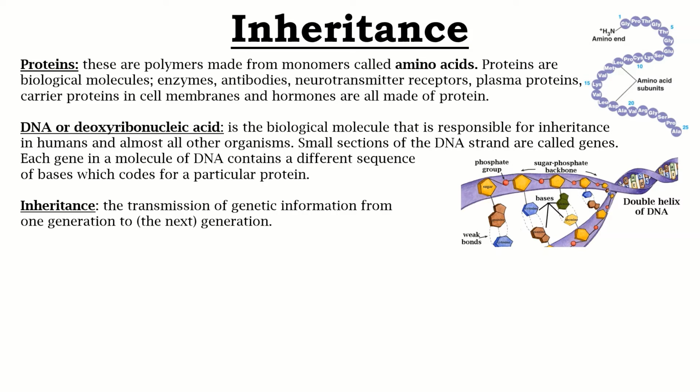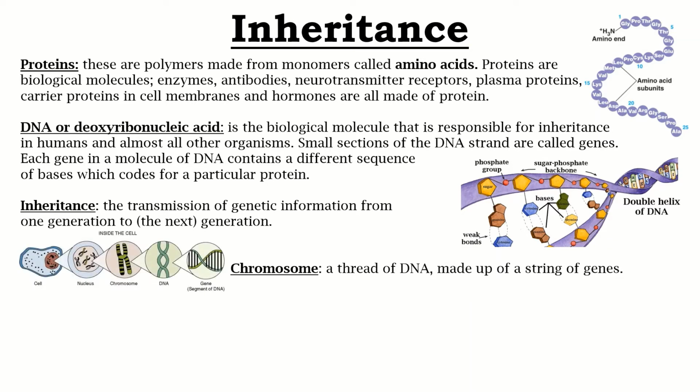So inheritance, the definition is the transmission of genetic information from one generation to the next generation. A chromosome is just a thread of DNA made up of a string of genes. So chromosomes are how DNA is actually found in the nucleus of the cell, all bunched up into sections as we see in the diagram here.